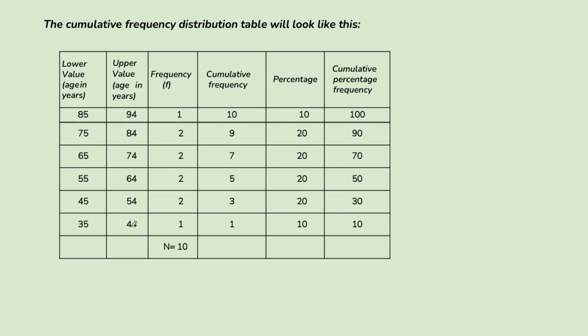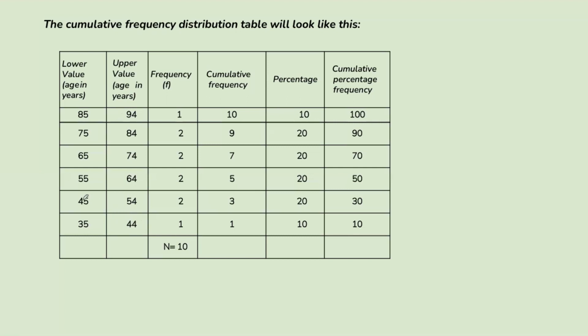Again, this is an interval of length 10: 35, 36, 37, 38, 39, 40, 41, 42, 43, and 44. All these intervals are of length 10. As we did here, same thing we'll do here. We'll write the lower value in this column and the upper value in this column. In the interval 35 to 44, 35 is the lower value, 44 is the upper value.